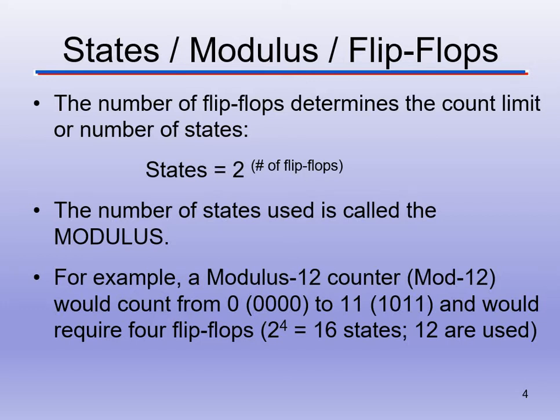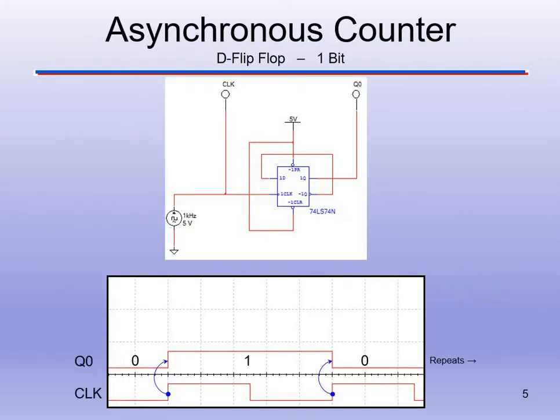We need 4 flip-flops. We're only going to use 12 of those 16 states, though. And we're going to learn how to control it, if we only want to count 0 to 11, right, versus making sure that it goes through all of them and goes 0 to 15. So we're able to put some limitations on there with some logic, so that doesn't happen.